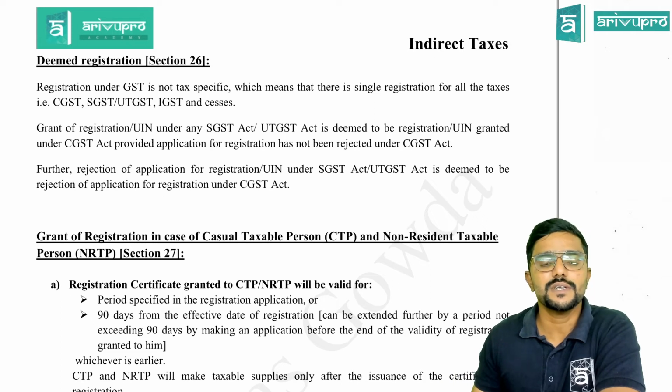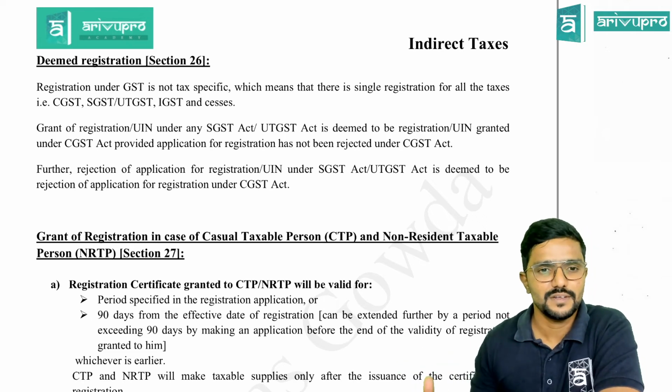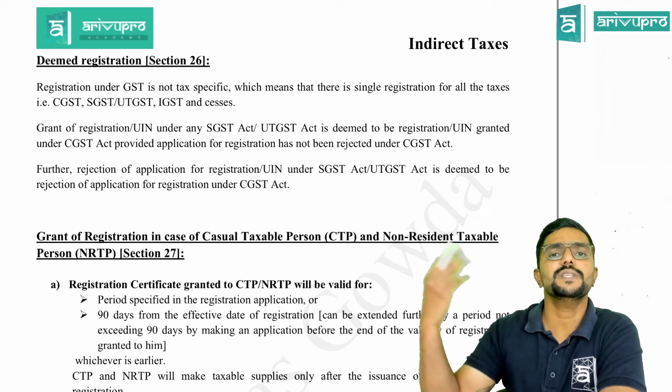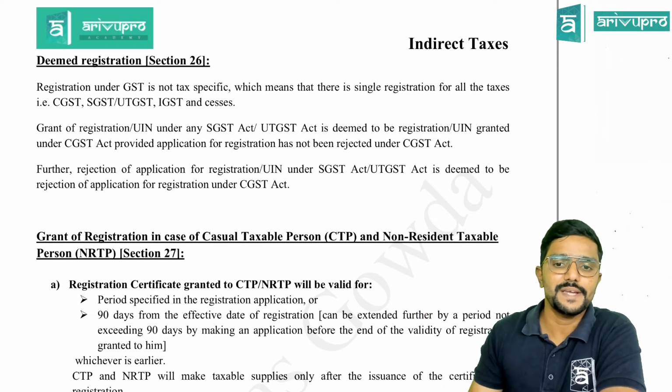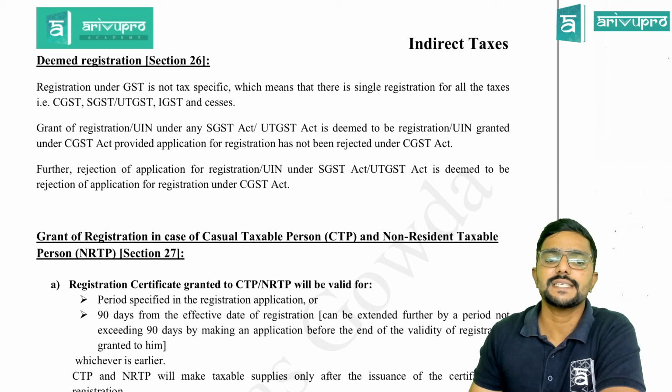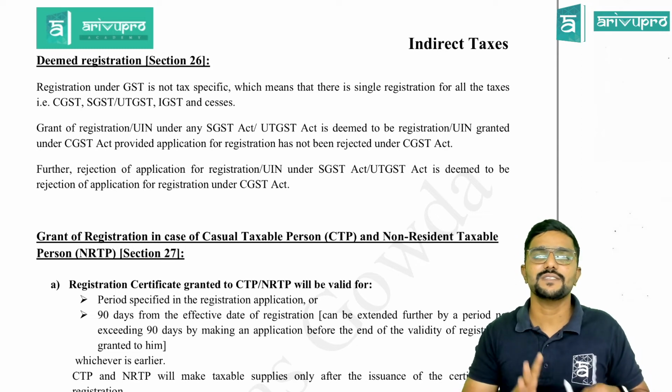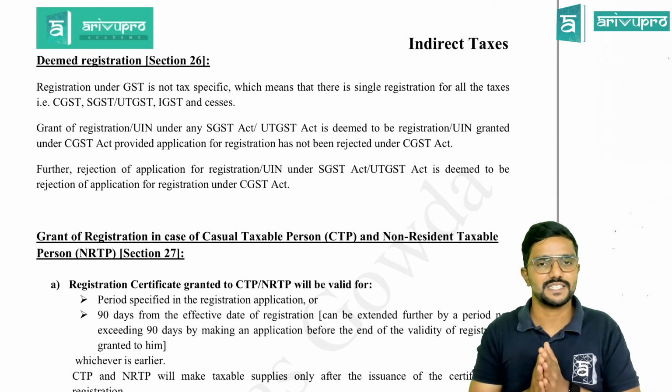Grant of registration, that is UIN, under any SGST or UTGST Act is deemed to be the registration or UIN granted under CGST Act, provided application for registration has not been rejected under CGST Act.